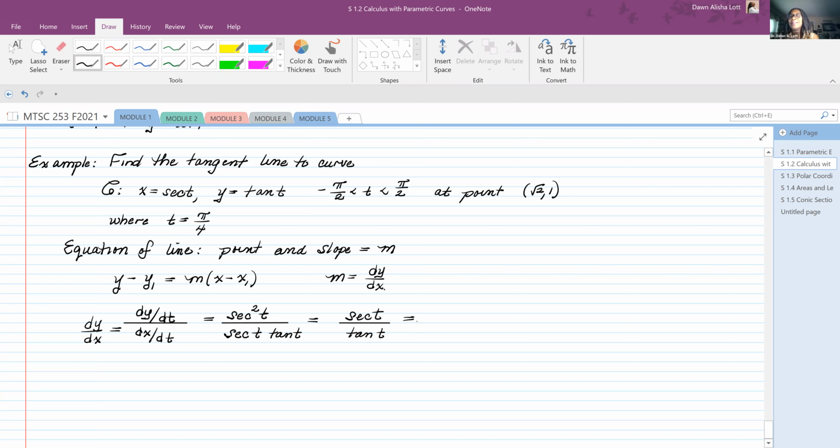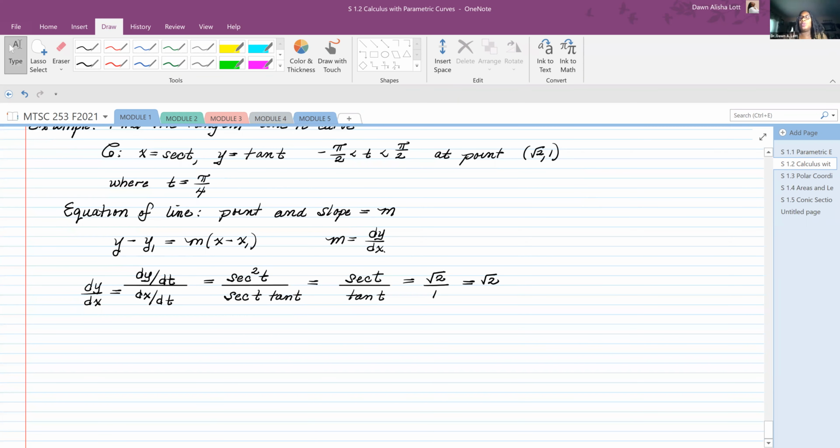Okay. So the secant, you flip that. So secant of pi over 4 would be 2 over the square root of 2, which is the square root of 2. And the tangent of pi over 4 is 1. So there you go. We didn't even find the actual Cartesian form of the curve, but we found its derivative.